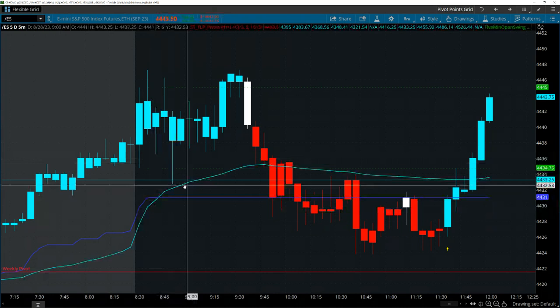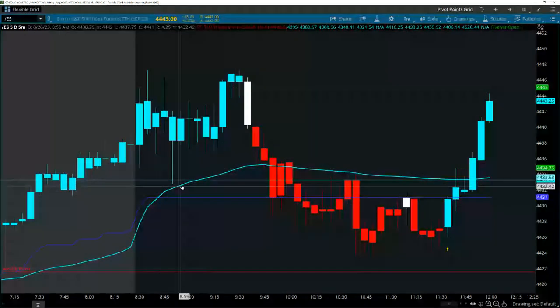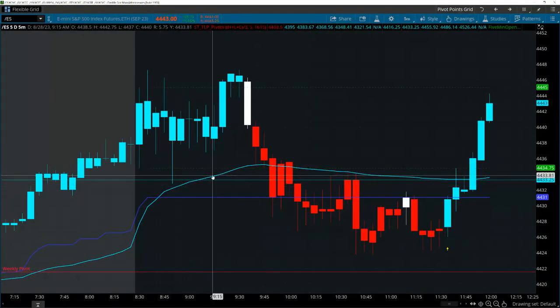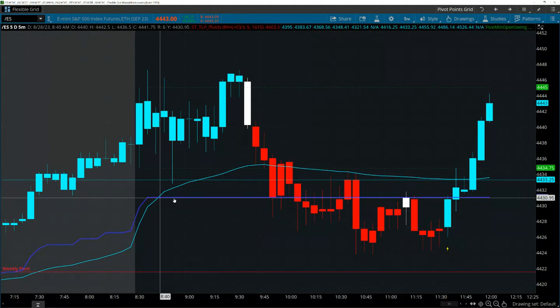The moving average line on here is not that. The lighter color, that's the volume weighted average price, the VWAP. And the darker royal blue is the session midpoint, which is the high and low added, divided by 2, equals the mid. So straightforward.